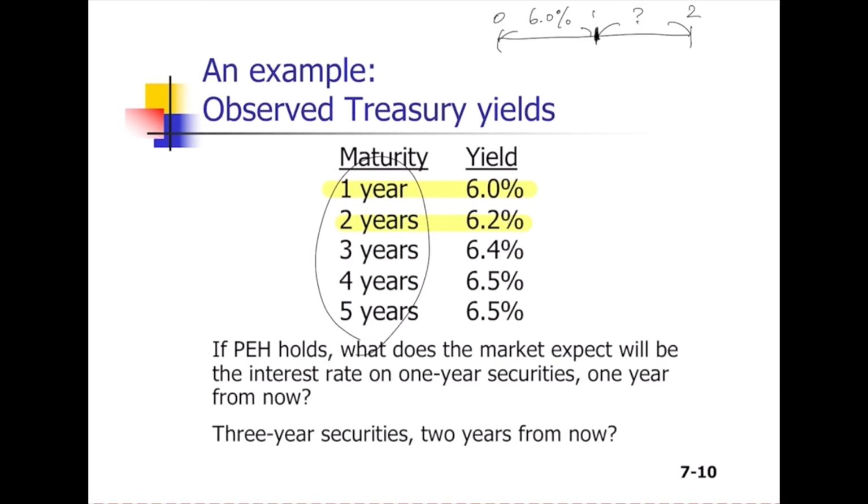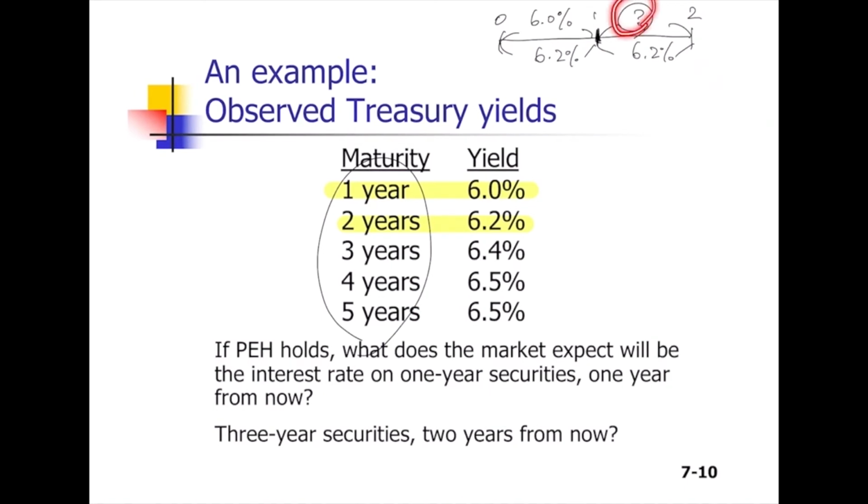And we are solving for this question mark. According to the pure expectations hypothesis, we don't know what this will be right now. We cannot observe it. However, we rationally expect this number. According to the pure expectations hypothesis, the 2-year bonds have information about investors' expectations. So we can back out this number using this.